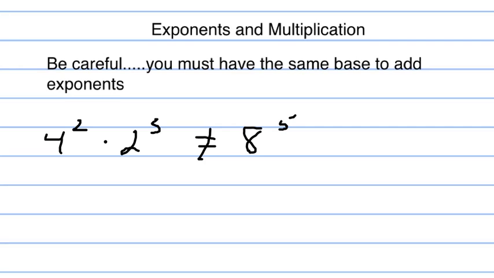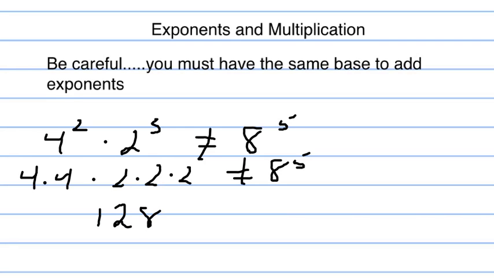And if you look at the explanation, 4 times 4 times 2 times 2 times 2 is not going to equal 8 to the 5th power, and I believe we have those numbers of 128, and it does not equal 32,768. So please be careful.